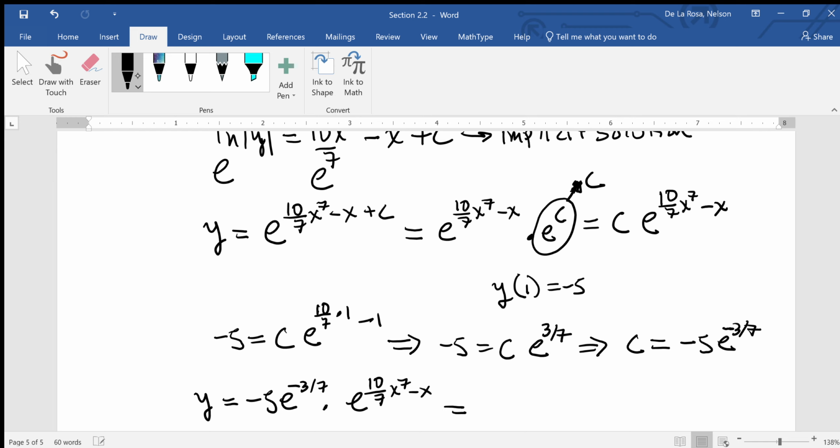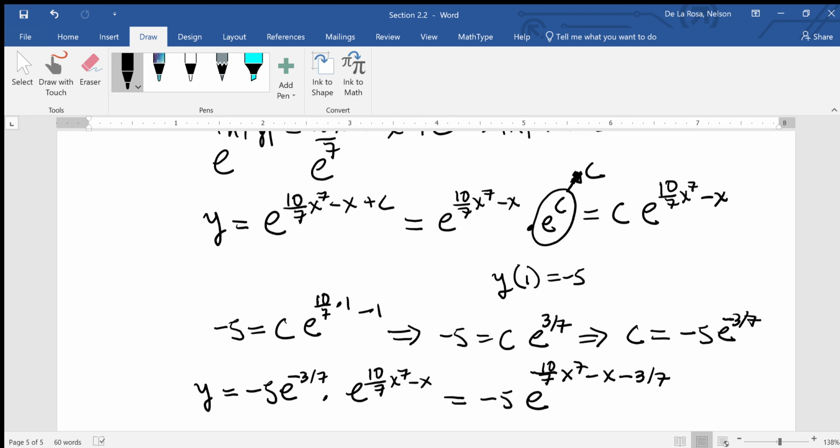Then it is equivalent to negative 5 e to 10 over 7 x to the 7 minus x minus 3 over 7, combining all the exponentials together. And this concludes the solution of the initial value problem.